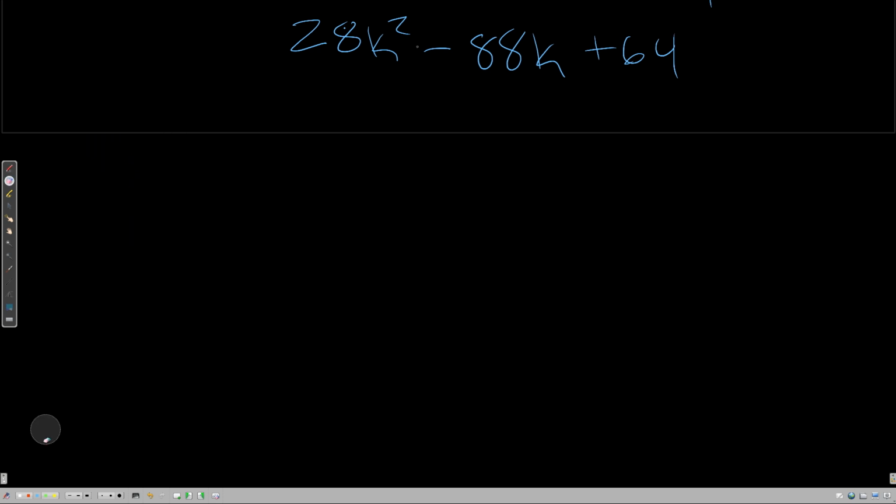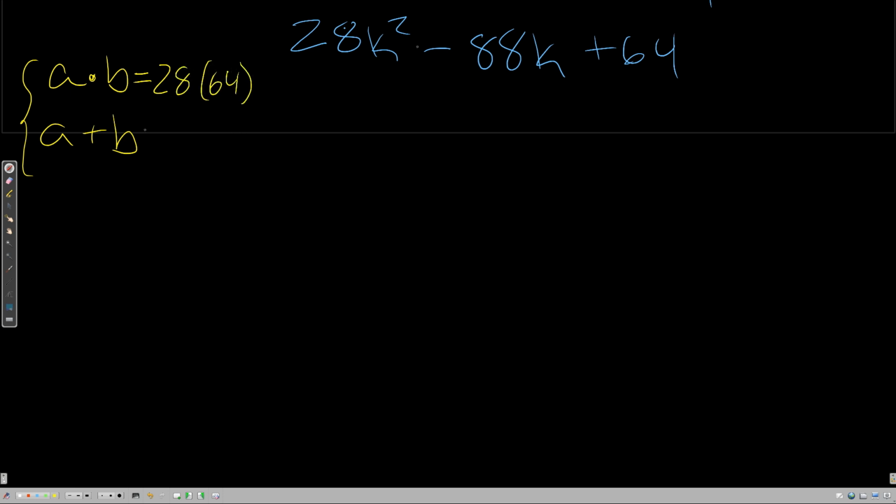What's our strategy say? It says we're looking for these two numbers, A and B, such that A times B, whatever it is equal to, should be equal to 28 times 64.